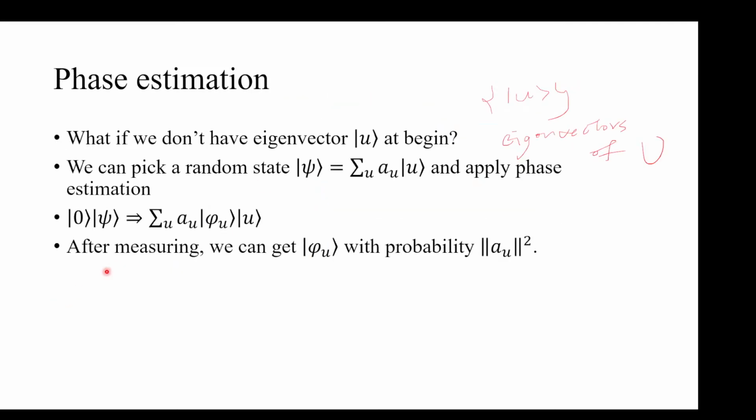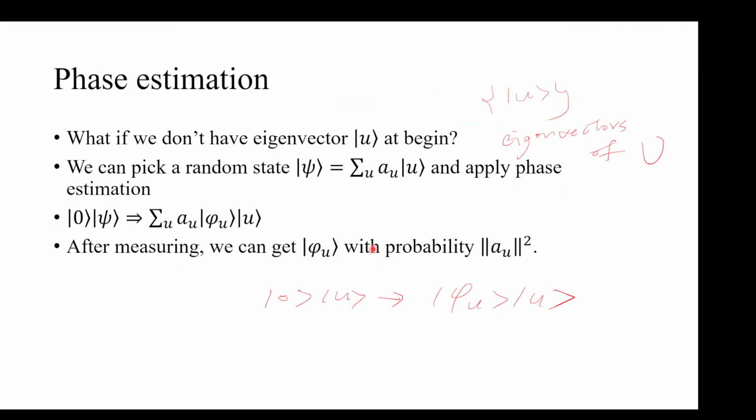So you pick a random state, and then you just put this random state on your second register, and you do phase estimation. We know that phase estimation takes 0 and u to psi sub u and u, and phase estimation is a quantum operation, so it's linear.